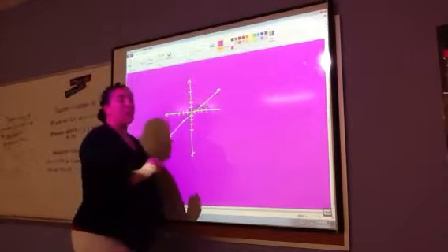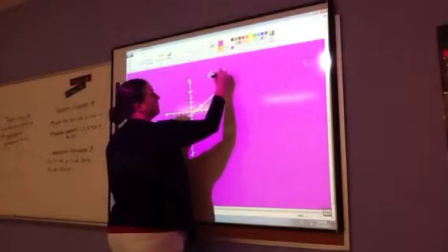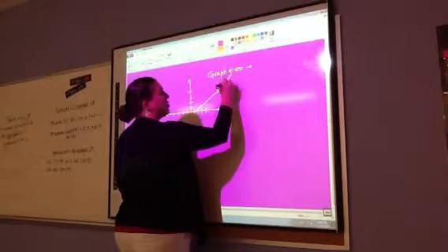So on these particular problems, they're going to give you a graph. So you're going to have a graph given. Find the equation of the line.